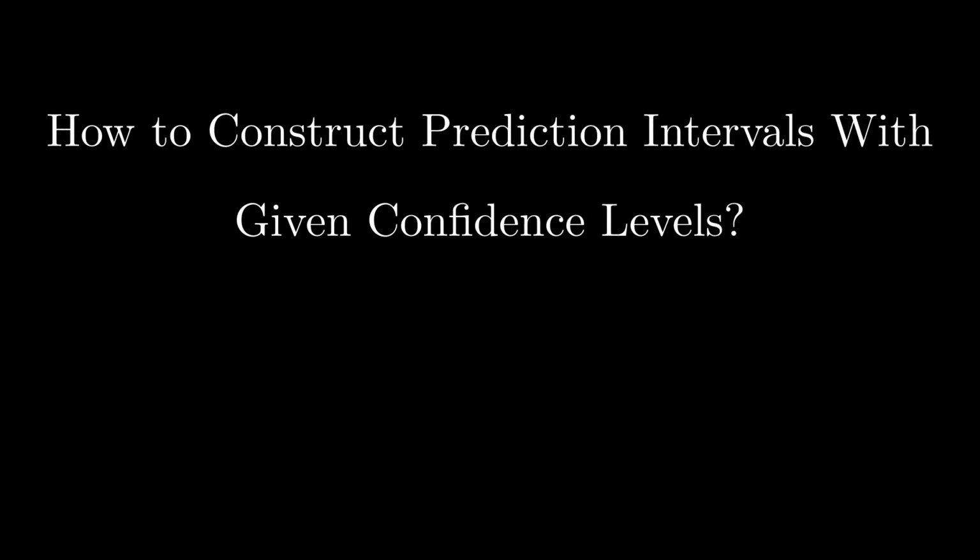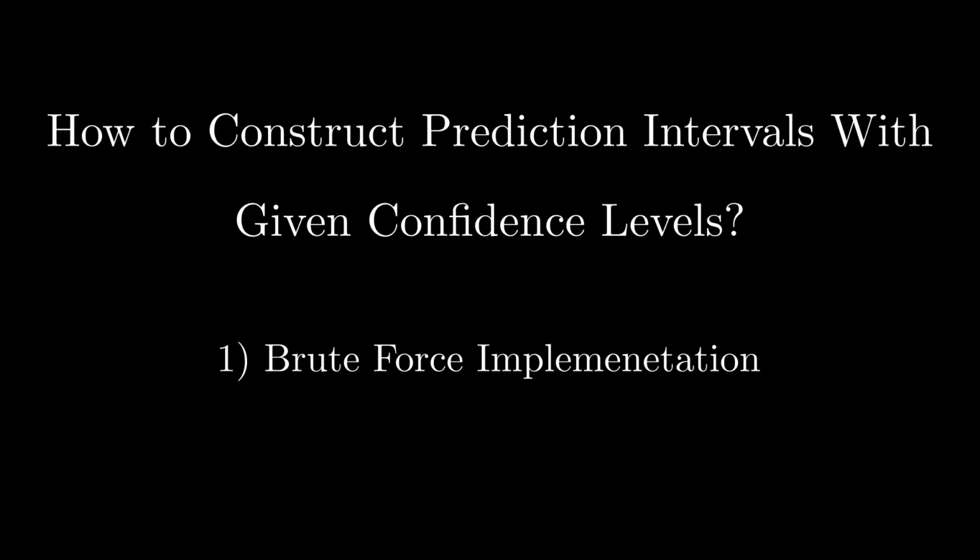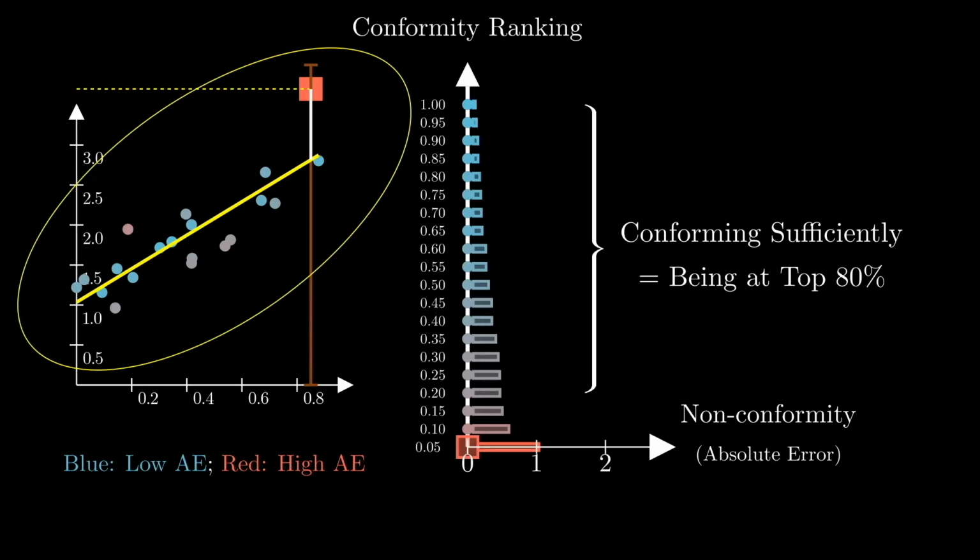How can we construct such an interval? In other words, how can we program this statement? The first way is obviously to rely on the statement as it appears. That is, to actually try all plausible values one by one.